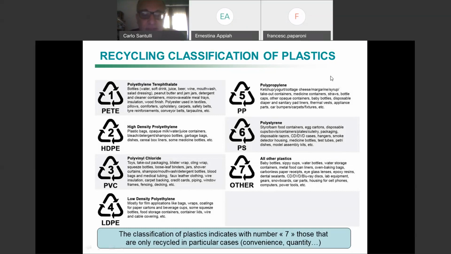For example, it's used from credit cards to shower curtains, which is very tricky when you use a plastic in industries which have no connection between them. The problem is that at the end of life, who is going to take charge of that?